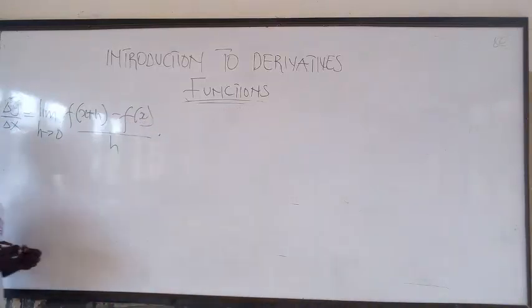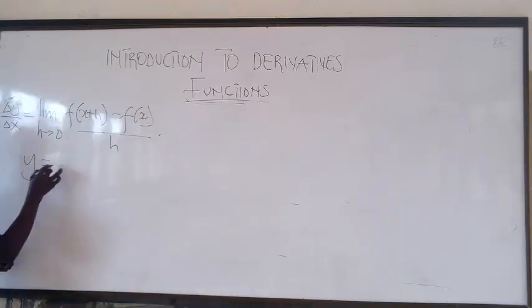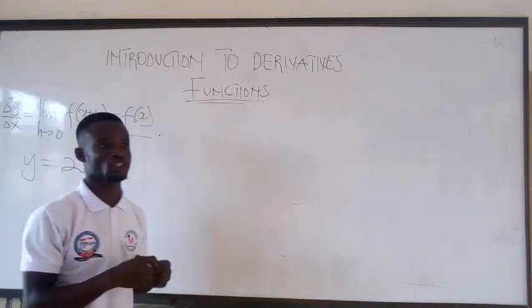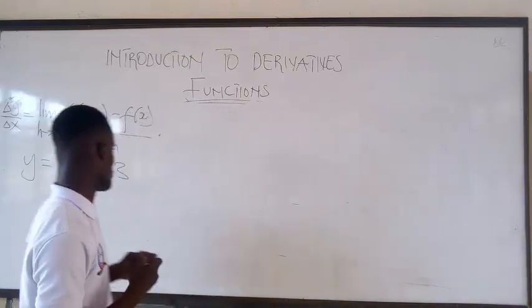We know that the y given to us in the question, which is 2x squared minus 3, is a function y, and the function y is the same as what? The f of x.